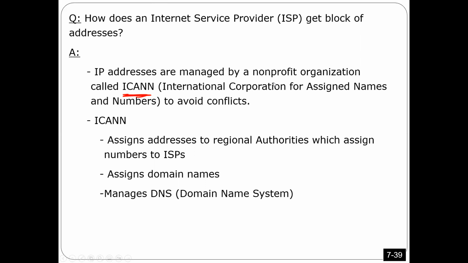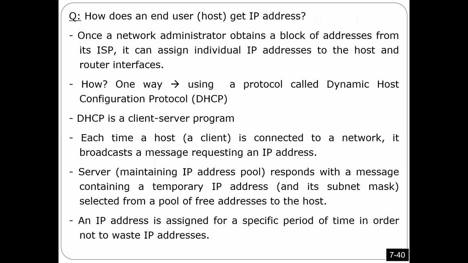So, for example, it gives some IP addresses to this country, and then this country gives every organization a number of addresses. That's what you should understand: Qatar University has a number of addresses it can use.